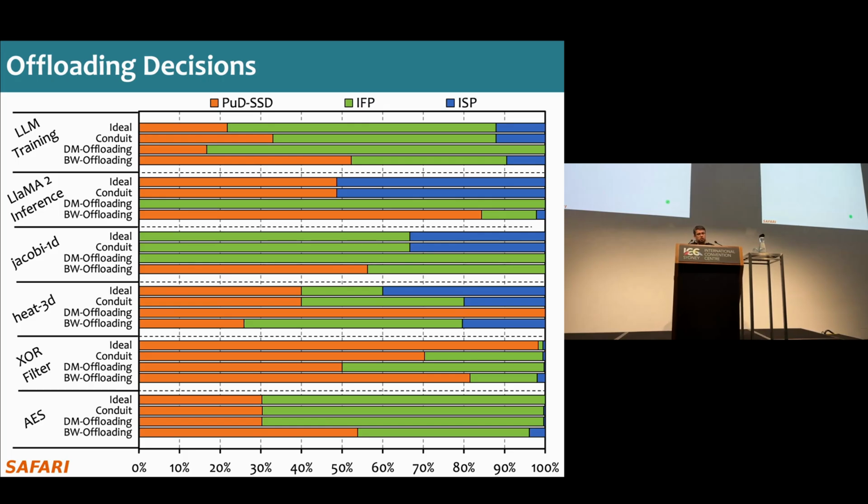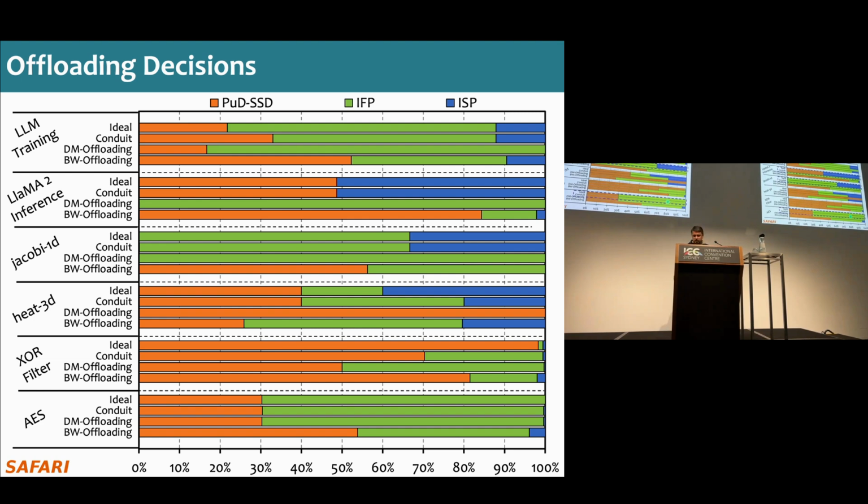Then we look at the offloading decisions of how these offloading models distribute computations across the different resources. Here we show the fraction of instructions that each offloading model offloads to different NDP paradigms. In several workloads, we observe that the ideal and Conduit make very similar decisions.